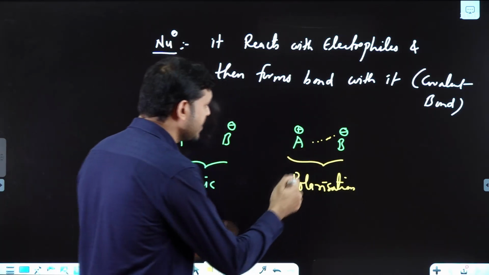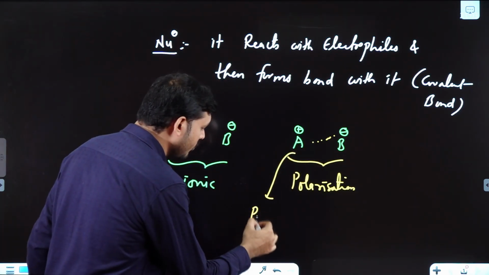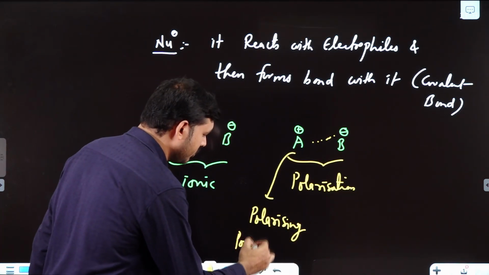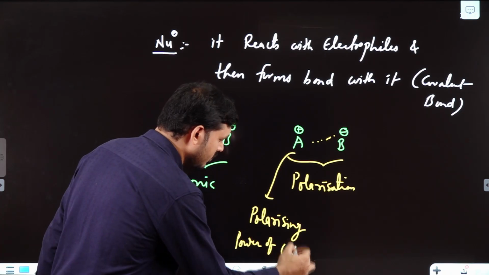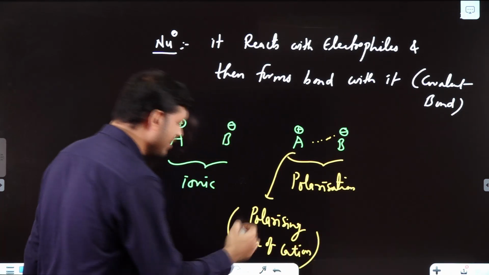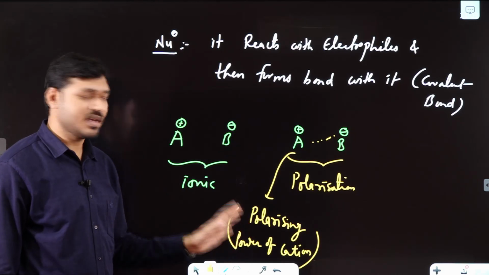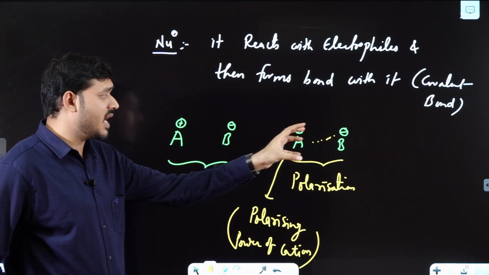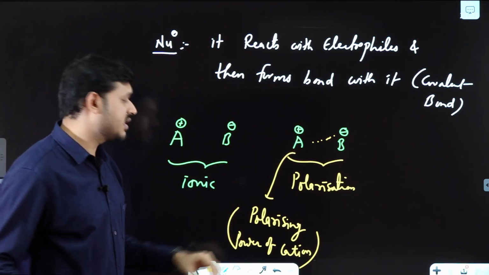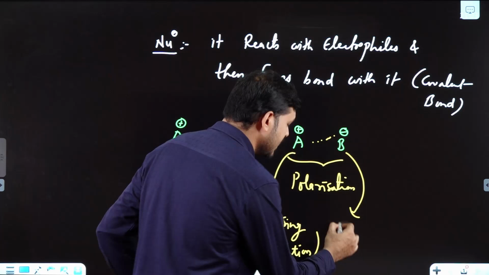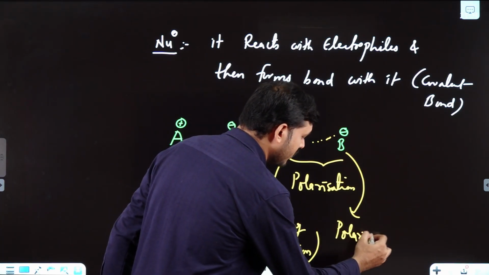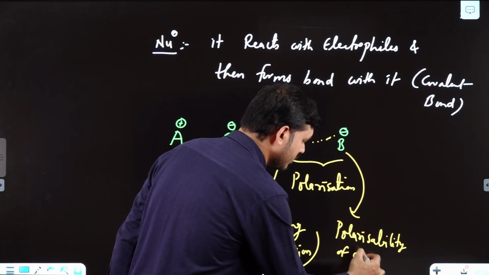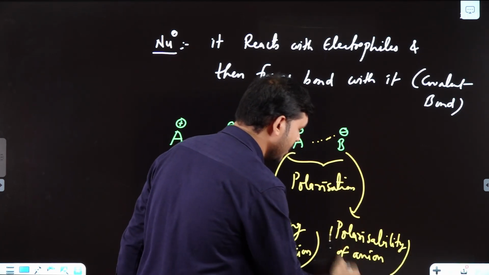So this polarization is all about the polarizing power of cation, okay, polarizing power of cation. Clear? How? The cation will polarize or attract the negative charge towards itself, and it is about the polarizability of anion.